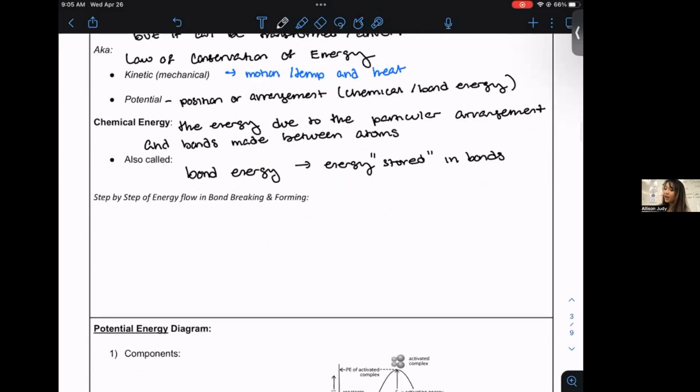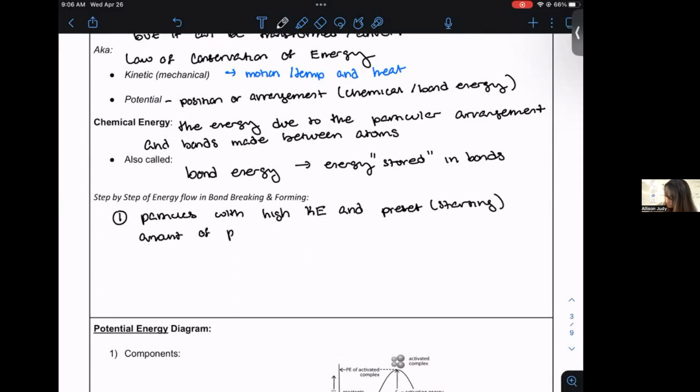When we think about that, step 1 is you have particles with high kinetic energy, necessary to reach activation energy, and a preset or starting amount of potential energy due to the bonds, like the old bonds, right?